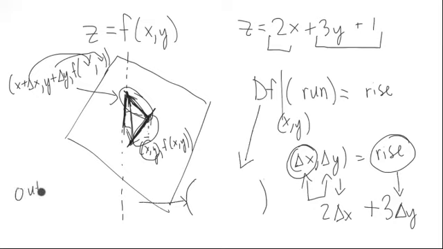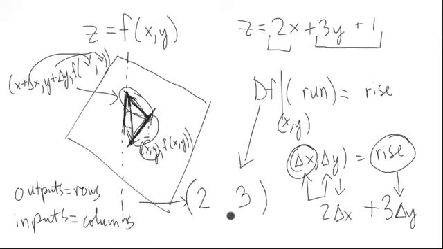So outputs correspond to rows and inputs correspond to columns. So here we notate this by saying simply 2, 3, where this 2 corresponds to the input of change of x, and this 3 corresponds to the input of change of y.